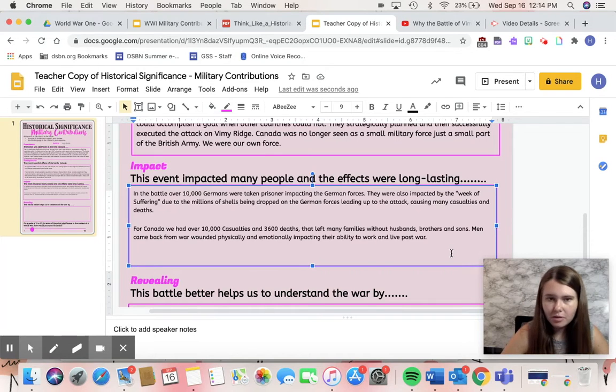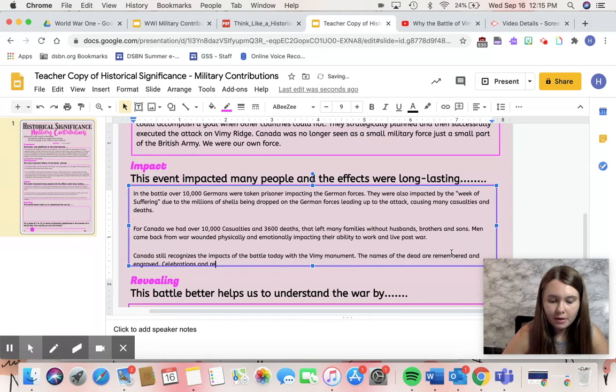So it is still holding its impacts and effects with us today. So let's add in a little point about here. Canada still recognizes the impacts of the battle today with the Vimy Monument. The names of the dead are remembered and engraved.